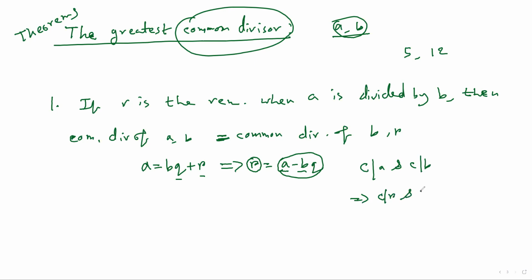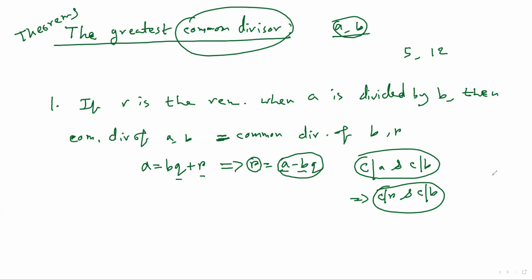And we already know that C divides B. This is just writing the same known idea again. May look redundant, but it is going to be useful, you will see later. So the common divisors of A and B and of R and B are the same.